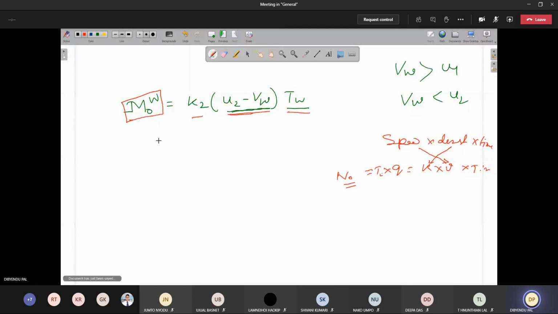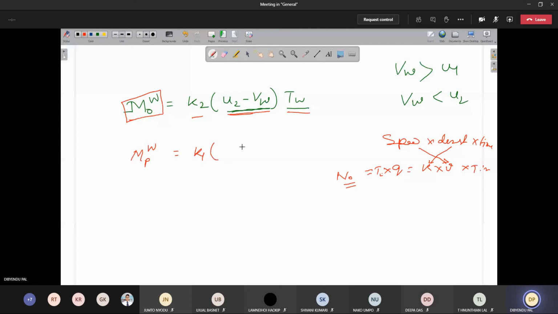Now at the same time, the test vehicle has also overtaken some vehicles. That I said is MPW. MPW is how many vehicles the test vehicle has passed when it was moving with the stream. That's why P means passed. We can find it again using the density of the lower stream, that is the vehicles whose speed was less.